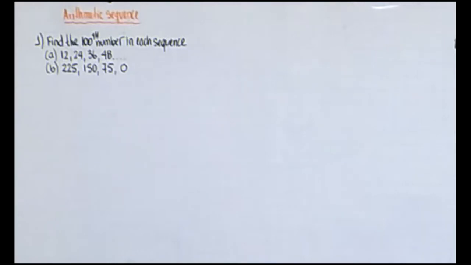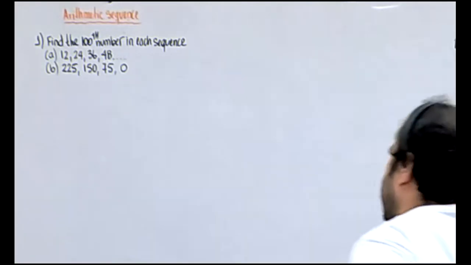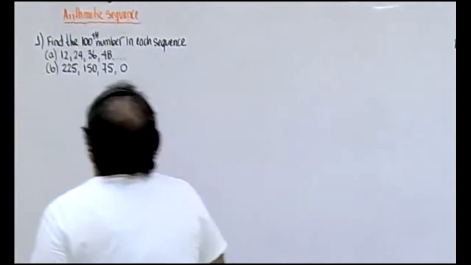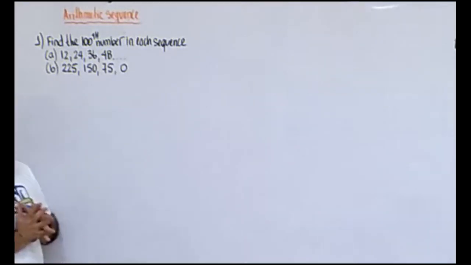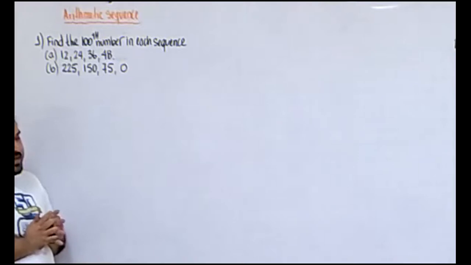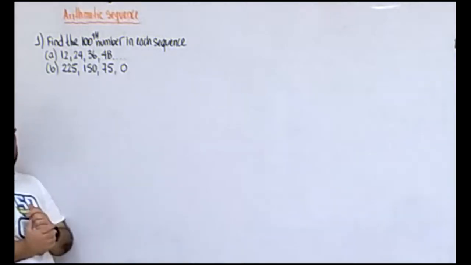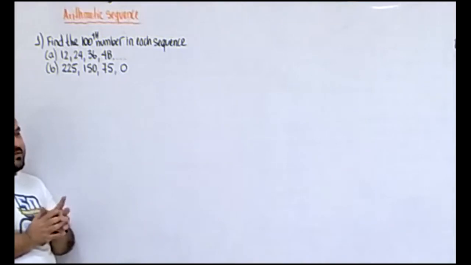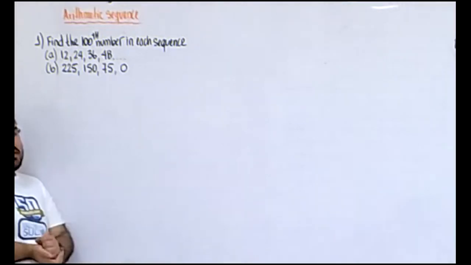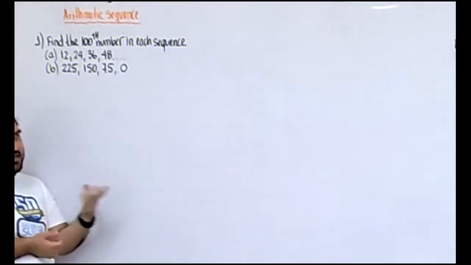We're going to continue with what we learned yesterday. This time we're going to continue identifying patterns of the arithmetic sequence. Remember, an arithmetic sequence is easy to identify because the numbers, which we call terms, increase or decrease at the same rate.